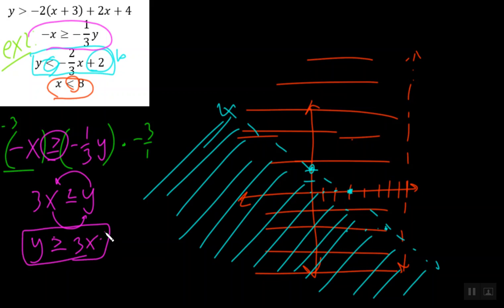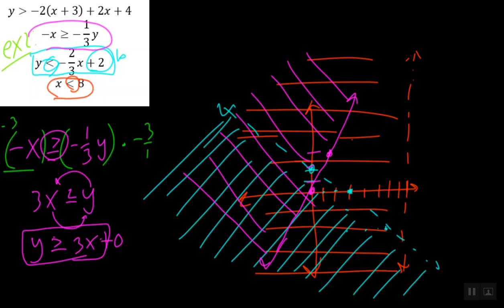Notice there's no y-intercept here. It's like saying +0. So we start at the origin and go up 3, to the right 1, and we'll have our solid line. Since it's y is greater than, we shade above.